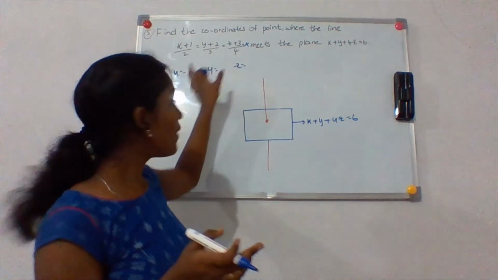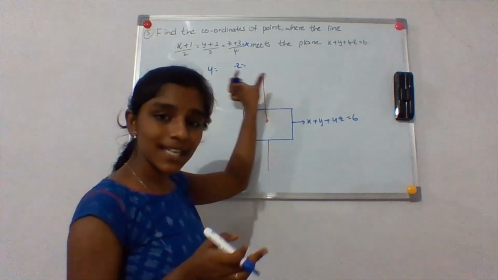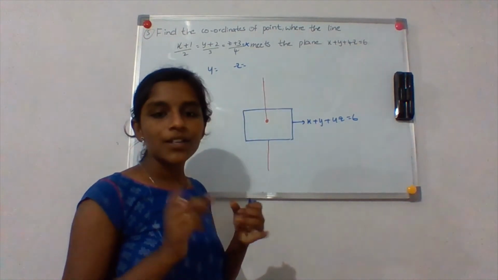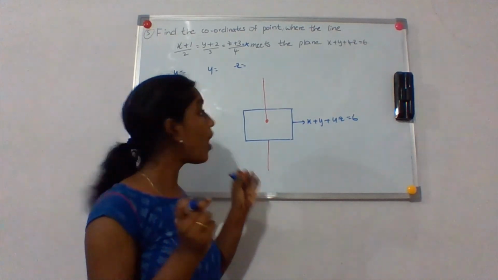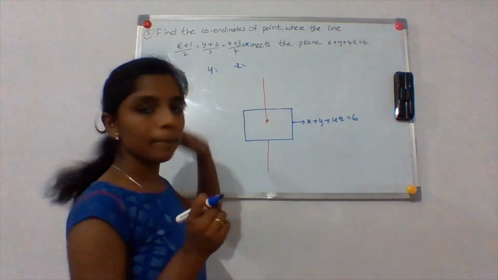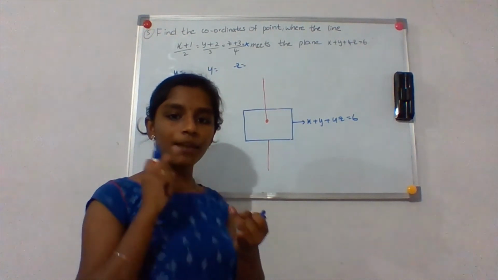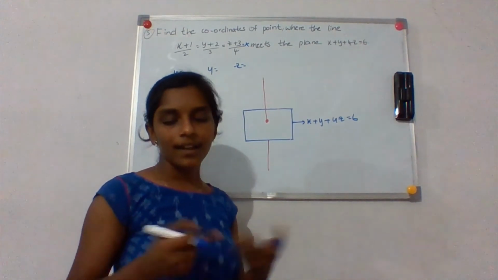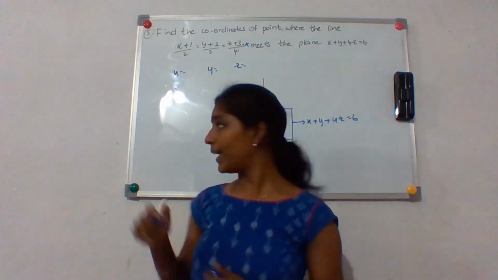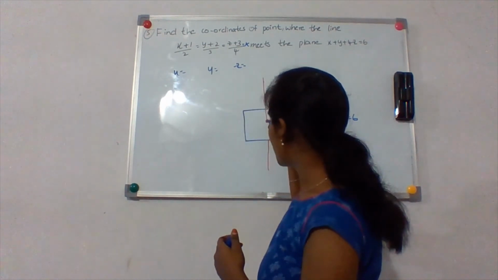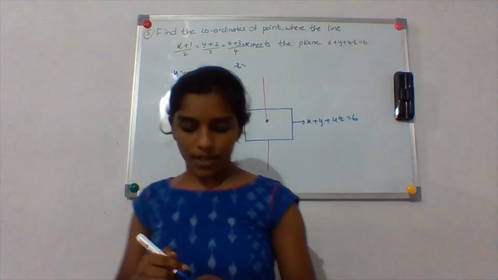And you have found the values of x, y, z in terms of k, right? So in that point, you have to substitute the value of k. Then you will get the values of x, y, z, and then the sum is done. You will get the point at which it is meeting. Okay, so that is it.